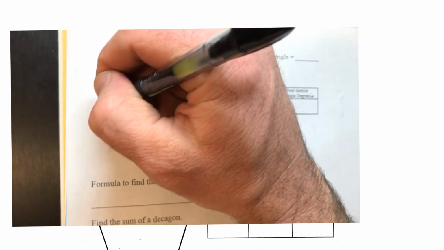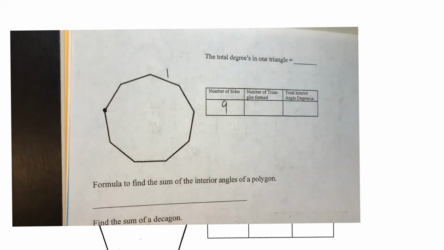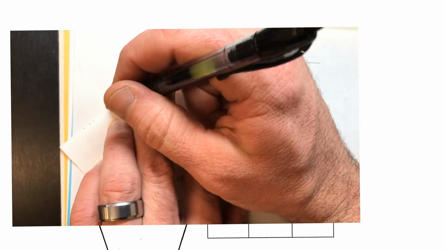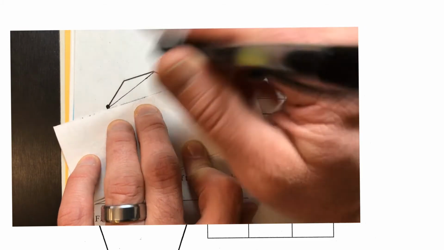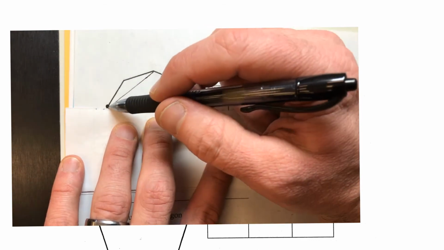All right, so I'm going to start from one vertex right here, and I'm going to draw all the diagonals that I can in here. There to there. There to there.